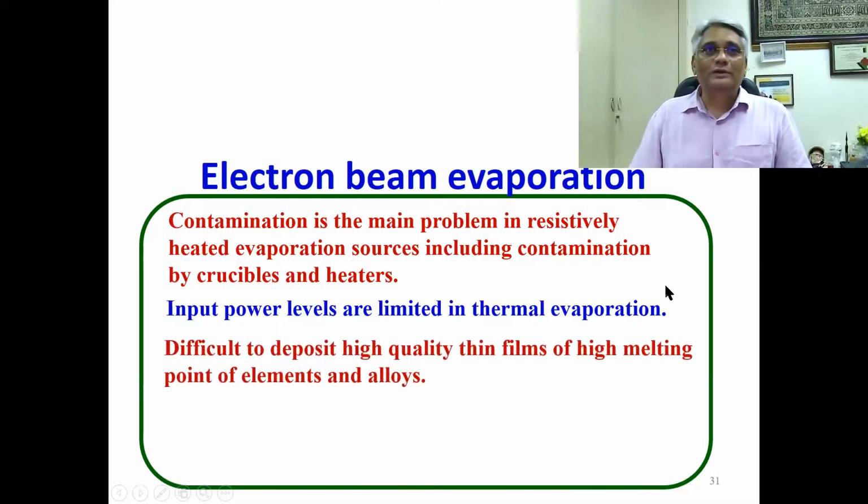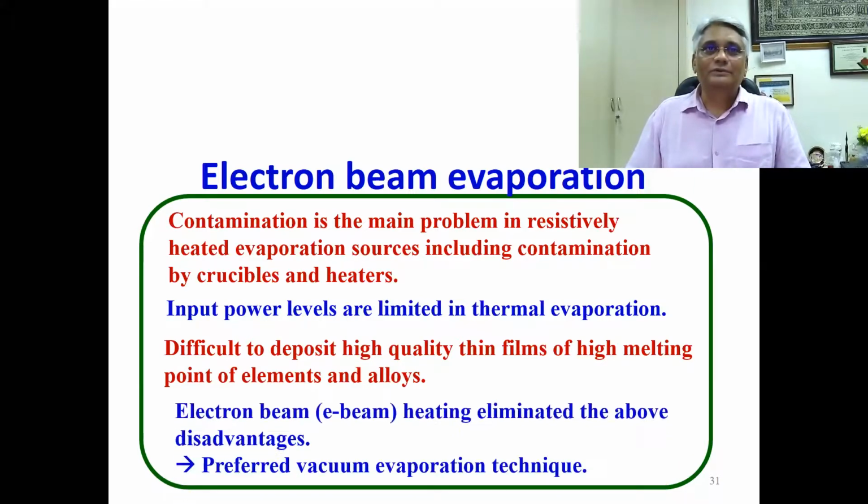I mentioned this already. It's difficult to deposit high quality thin films of high melting point elements and alloys. Even with low melting point elements, the evaporated species always have low kinetic energy. So you don't get highly crystalline epitaxial thin films.